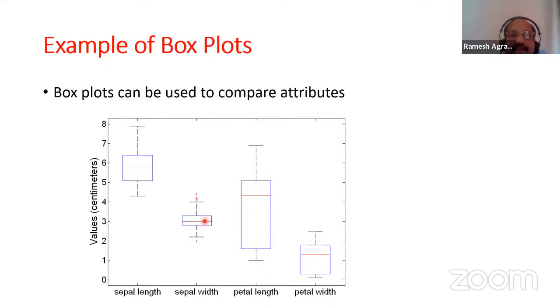Can you infer from this box plot that among the 150 samples, the variation in sepal width is less, while the variation in the values of petal length is more?